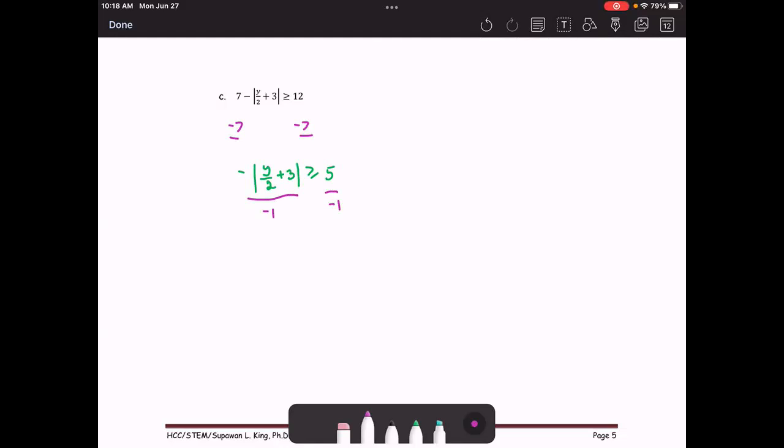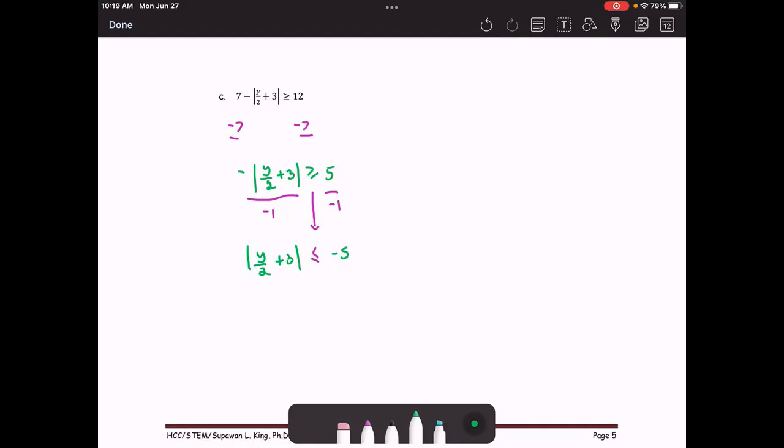When you divide or multiply by a negative number, the inequality symbol will switch to the opposite. At this step, we get the absolute value of y over 2 plus 3 less than or equal to negative 5.